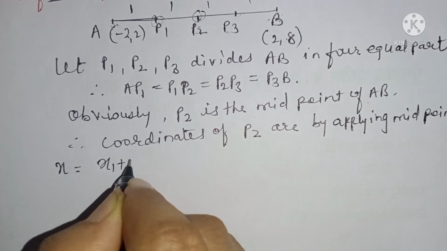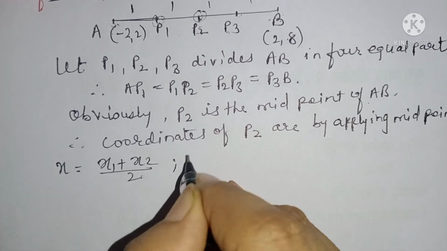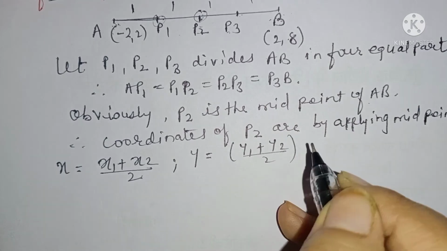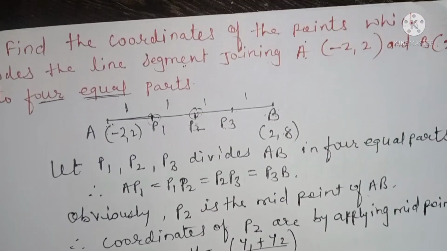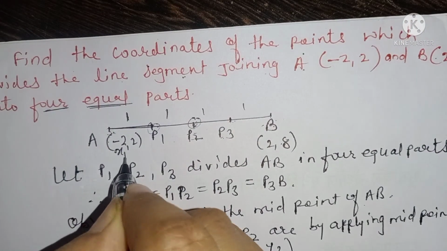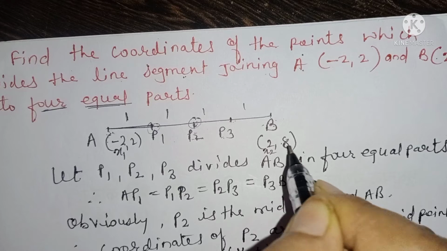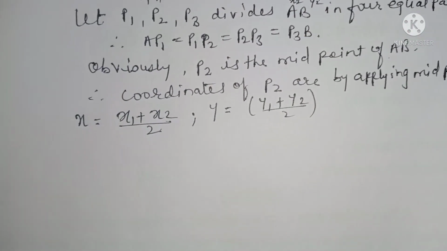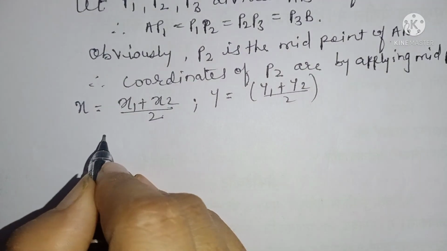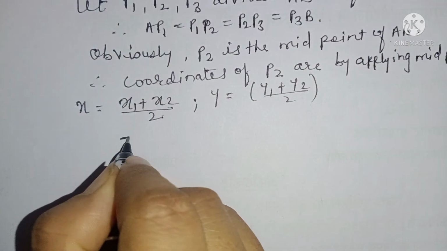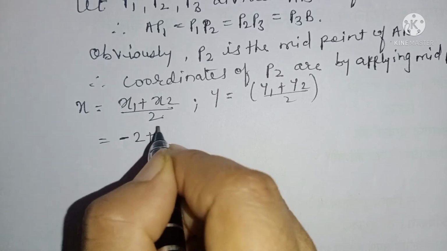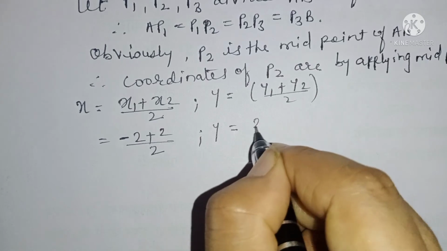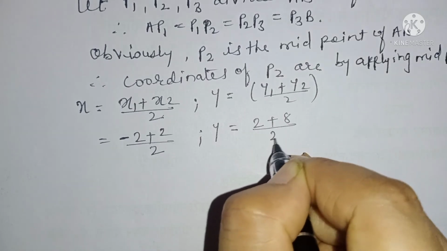x is equal to (x1 plus x2) upon 2 and y is equal to (y1 plus y2) upon 2. So here this is x1, this is x2, this is y1 and this is y2. Now let's substitute the values in this, so the coordinates of P2 will come. x1 is -2 plus x2 is 2 upon 2, and for the y coordinate y1 is 2 and y2 is 8 upon 2.